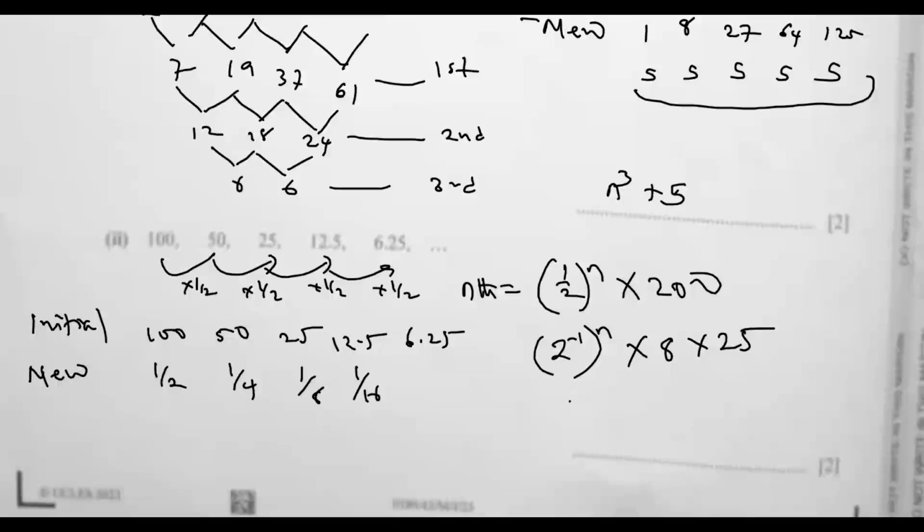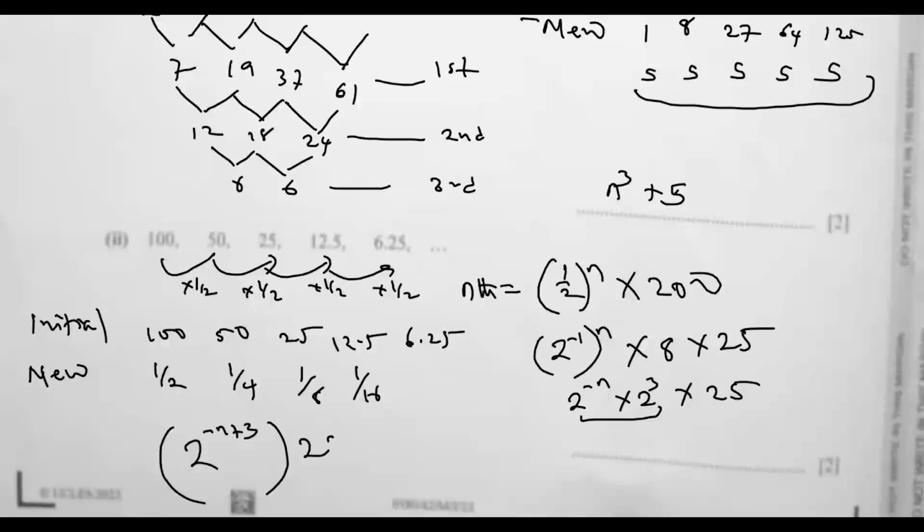So this will be 2 to the power of minus 1 times n, that is minus n, times 2 to the power of 3 times 25. Using the multiplication law of indices, it will be 2 to the power of minus n plus 3, which you can write as 3 minus n. Then times 25.